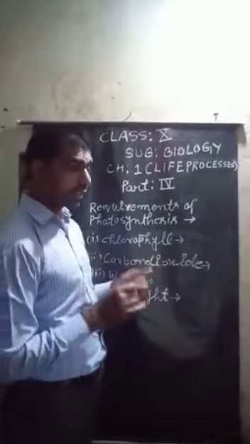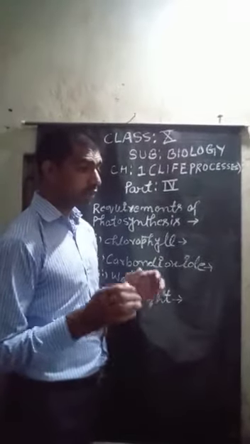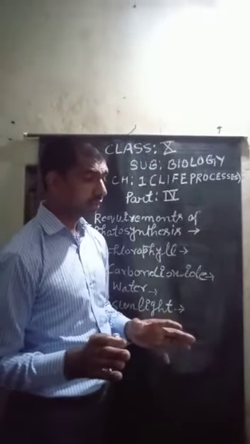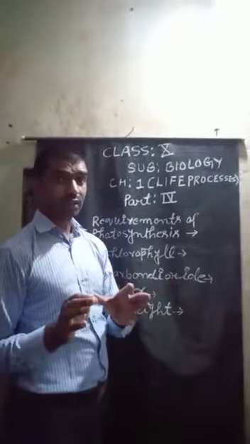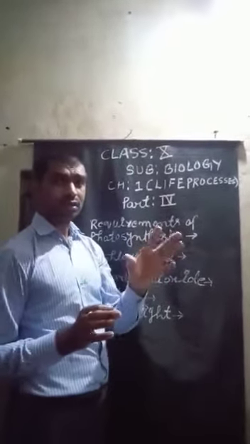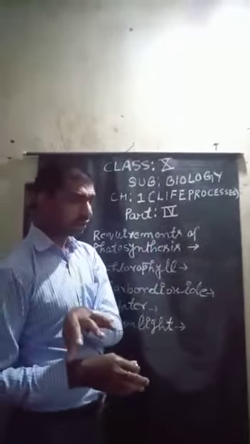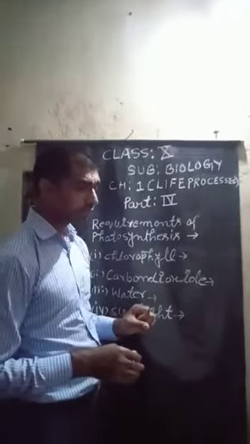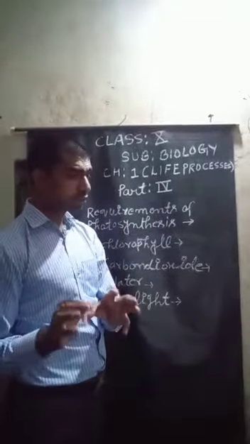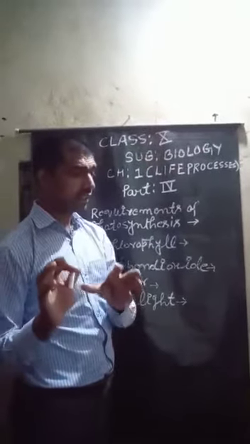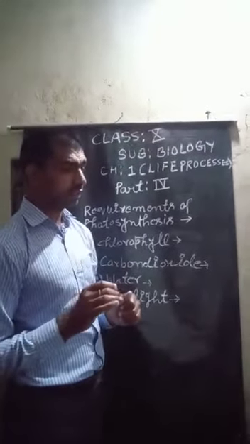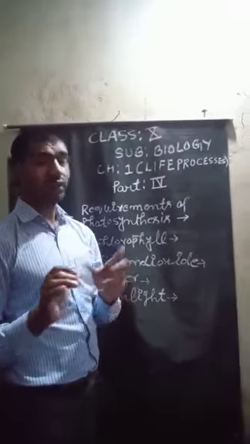And after that, what happens? Out of the total amount of sunlight that reaches the earth, only a very small fraction is actually required for photosynthesis.